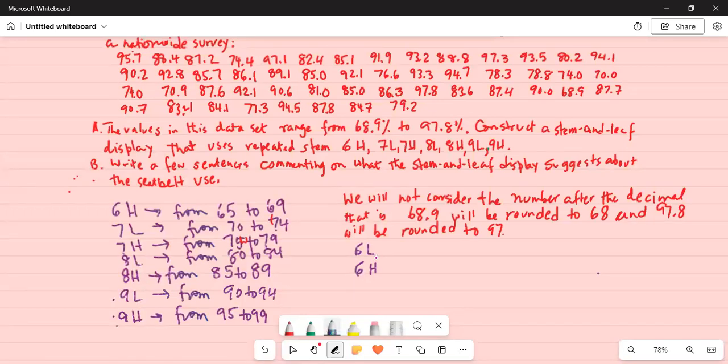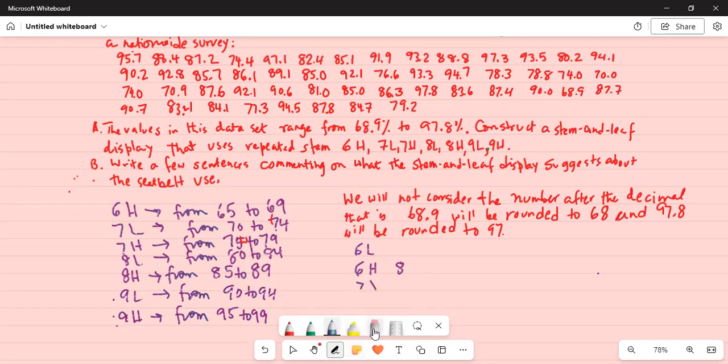So we are looking for numbers between 65 and 69. I do not see anything in the first row, or in the second row of data. Let's see the third row. Yes, there is 68.9, which is rounded to 68, remember. Is there anything else in 6 high in any other row, like the 4th row? No. Then we go to 7 low.